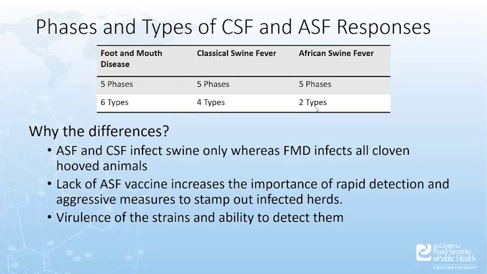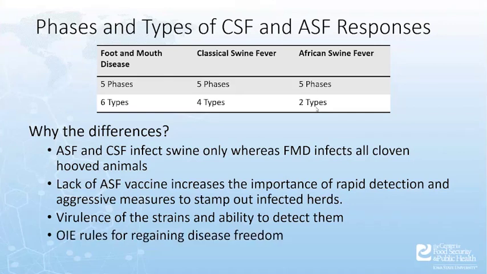Both classical swine fever and African swine fever have highly virulent strains and also low virulent strains that can be confused with other diseases. So there's concern with those 2 viruses, especially that the low virulent strains could become established before we are aware of it and might become relatively widespread. These types also consider the OIE rules for regaining disease freedom, especially with the use of vaccine for FMD and classical swine fever.